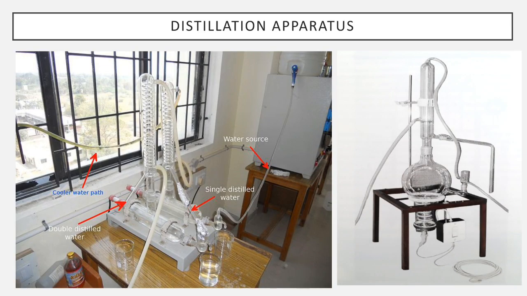So this is the diagram, a single distillation, or a double distillation. Here you can see this is the water source, which is filtered water. Then we go for distillation. Here this is the inlet of water.